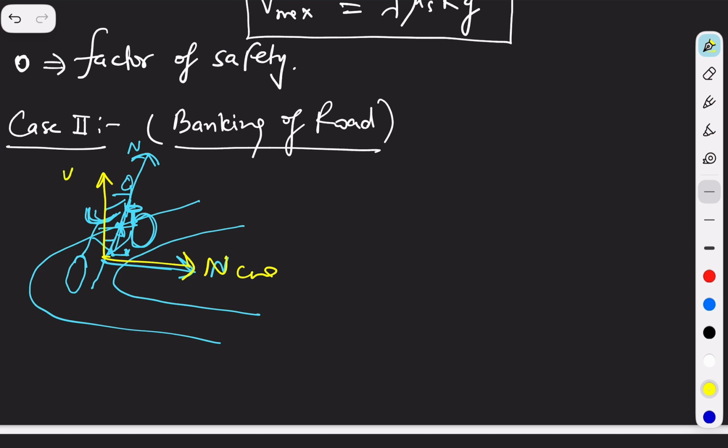So this n sin theta will be there, but this n cos theta that you are getting is going to help you provide some extra sufficient force that might be needed while taking the turn. Maybe friction is not helping you much to take the turn, so when you bend your cycle, you get extra help from this component of the normal force. Okay, I hope you understood why the banking is needed.